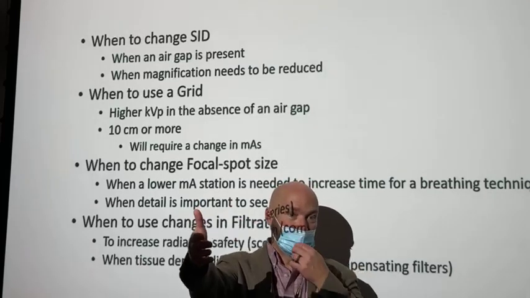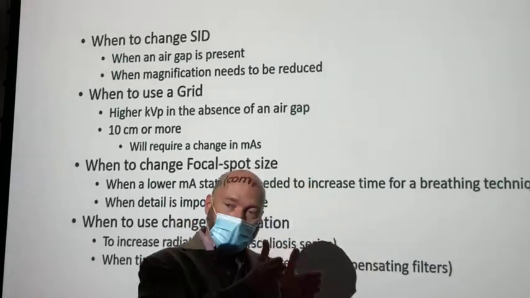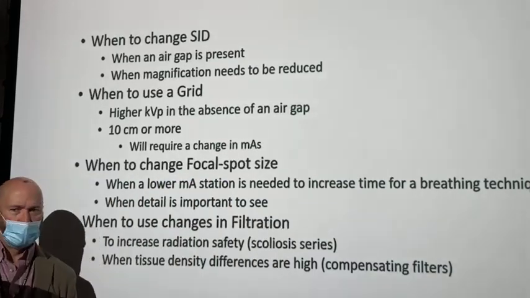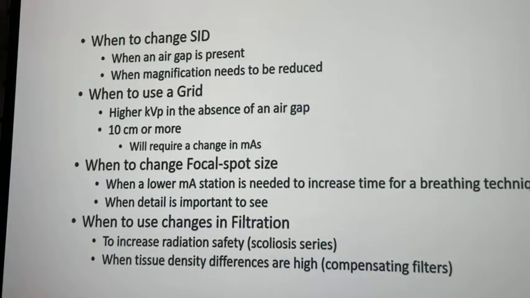Okay, but if you back up to 72 inches, then that divergence is not quite so bad, and you can actually get both of them on almost anybody. So when magnification needs to be reduced, or when air gap is present.